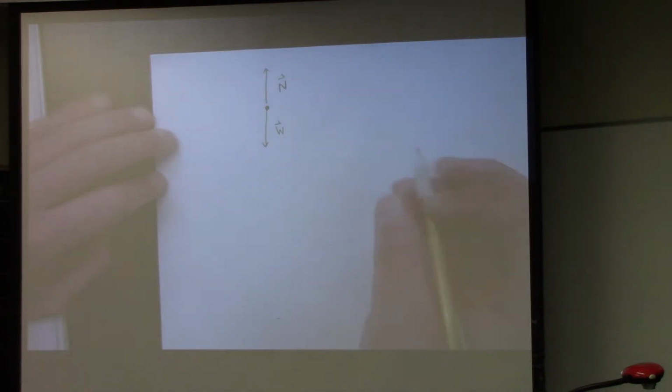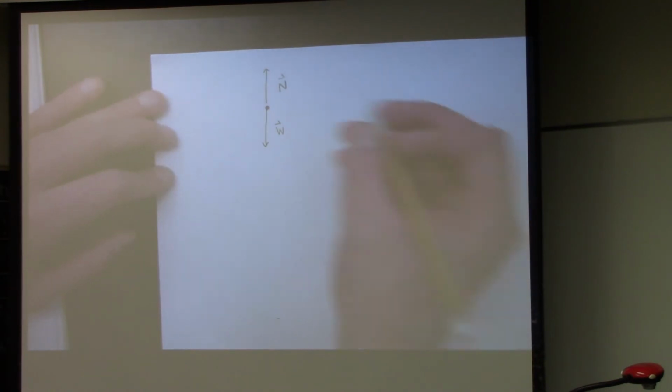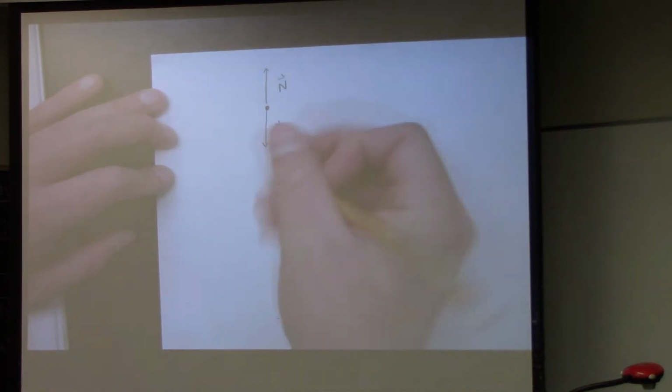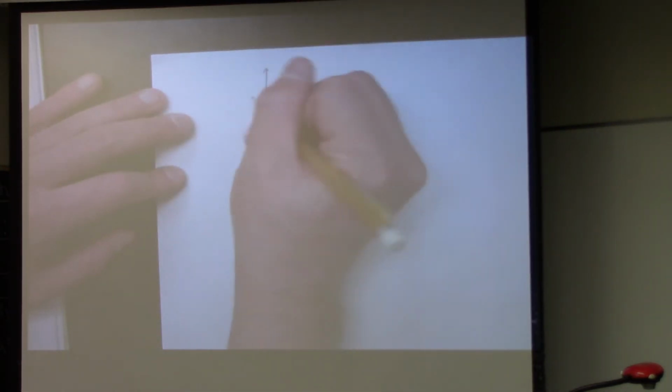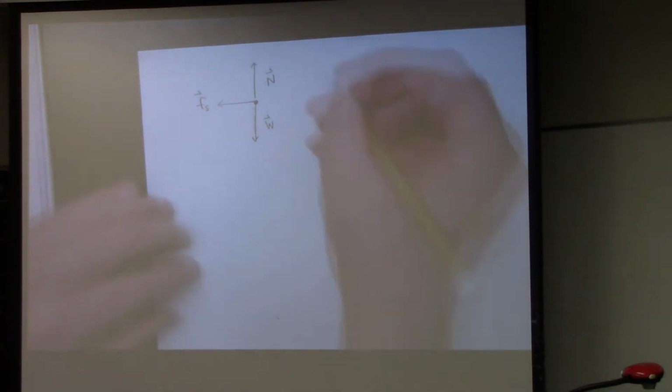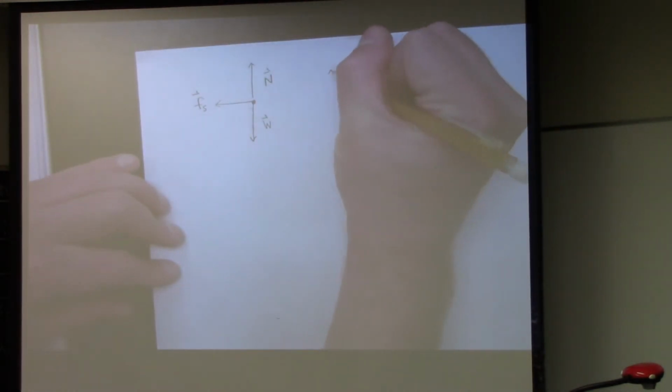Of course, that's not the end of the story. We need some kind of force, again, that's pointing in towards the center of the circle that the car is driving in. And that's going to be our static friction force. So we have our static friction force pointing in this direction. And again, that keeps the car moving in a circle. So let's indicate on this diagram what our directions are.